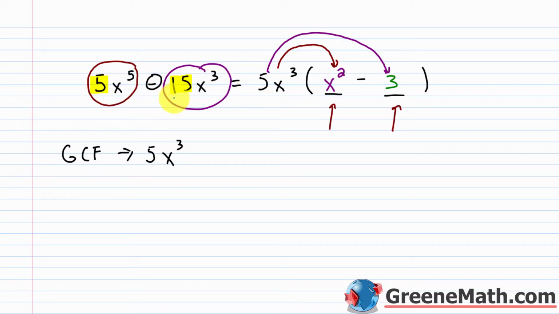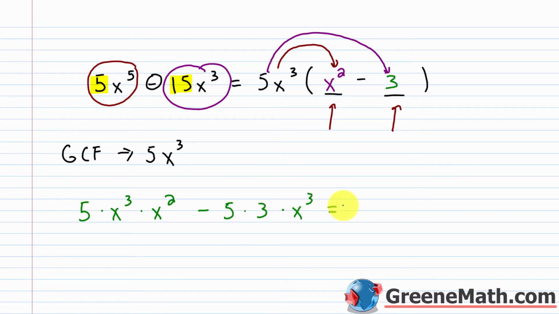And again, one more time for those of you who don't like to do the division, I know it's confusing for some of you, you could write this out if you wanted to. You could say, this is 5 times x cubed times x squared minus 5 times 3 times x cubed.